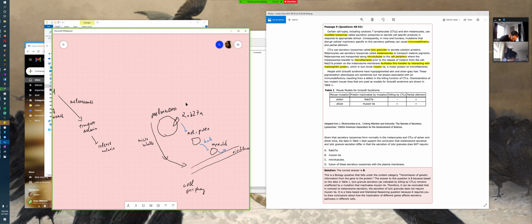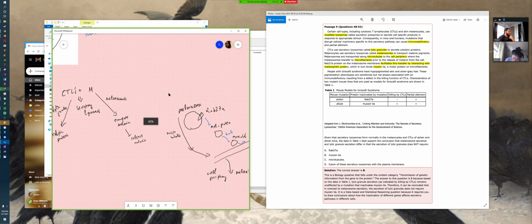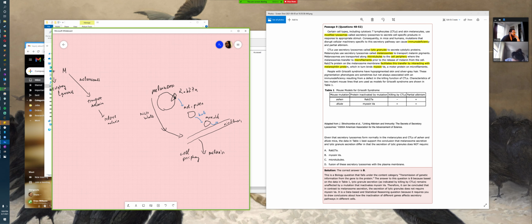But the question is still very confusing. So I wrote melanosome. In addition to this, it moves along the microtubule towards the cell periphery, where it gets transferred to the microfilaments, and once it's there, it releases its melanin.